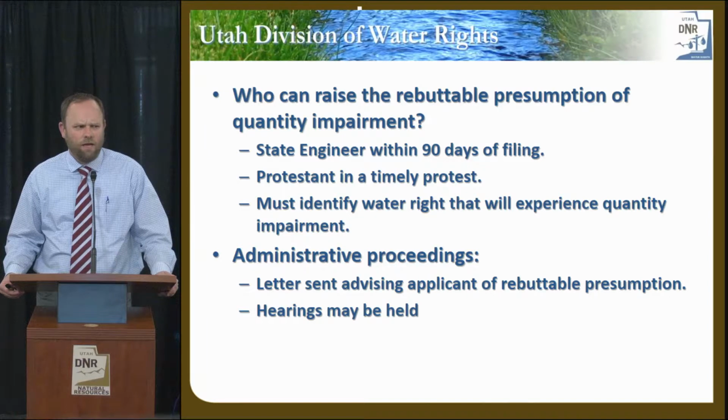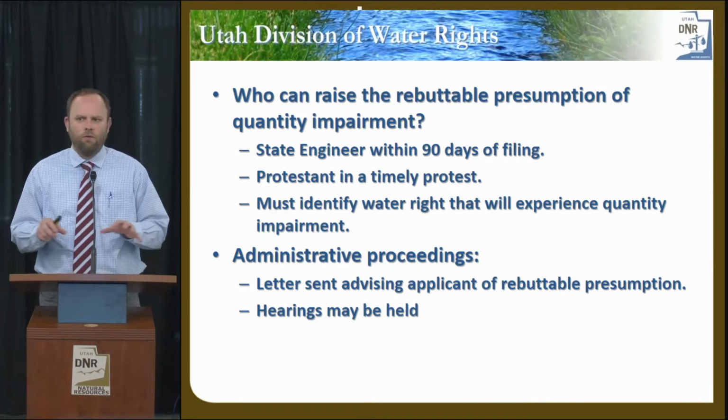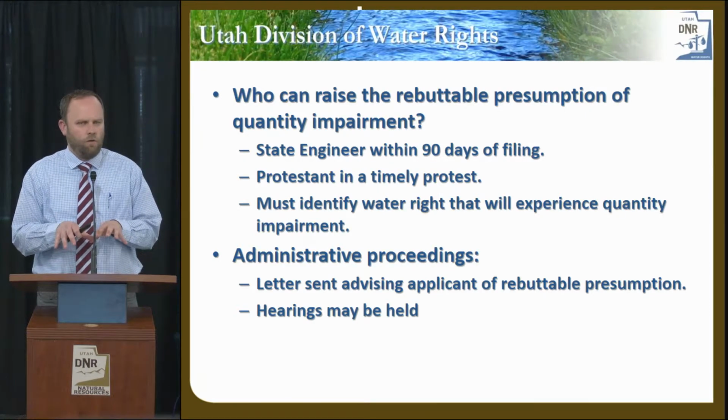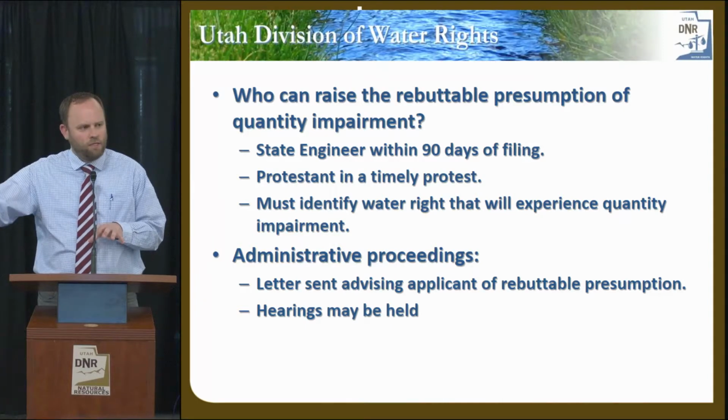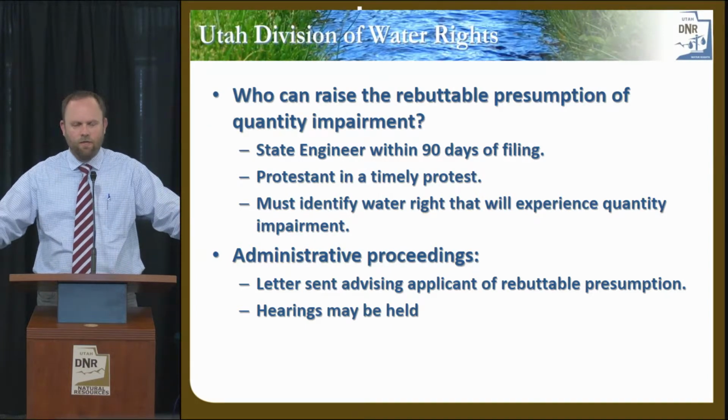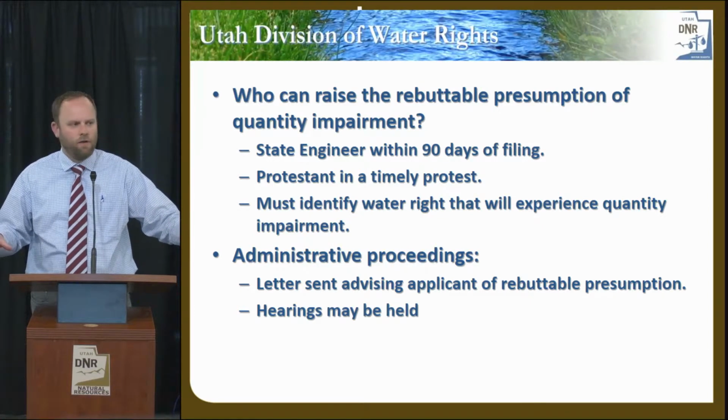And a little sidebar here. If you're a protestant and you're raising non-use, please be clear. As you can see, we have one definition, quantity impairment, that can mean two different things. If you're asserting non-use, please say so. It's difficult to read minds through a piece of paper.